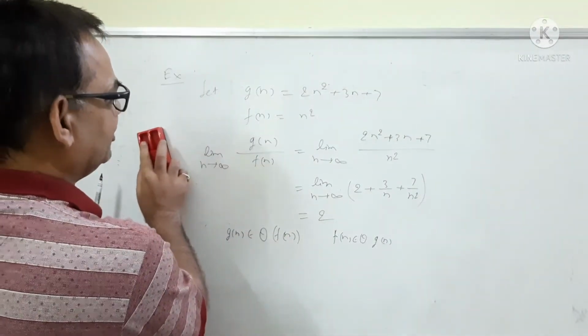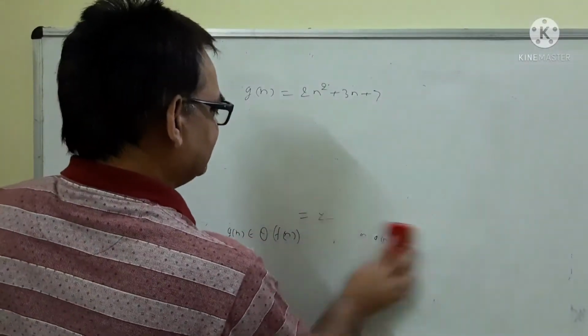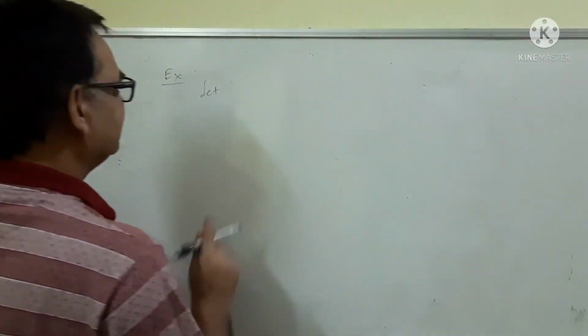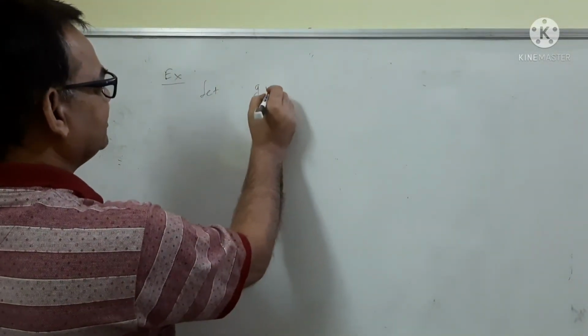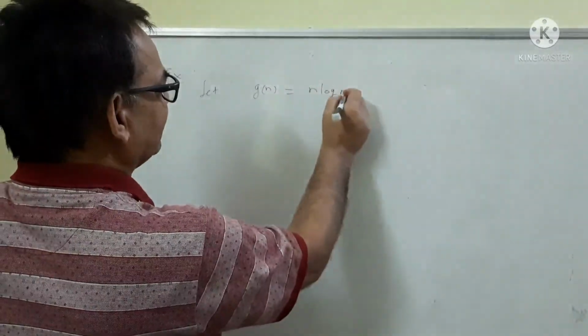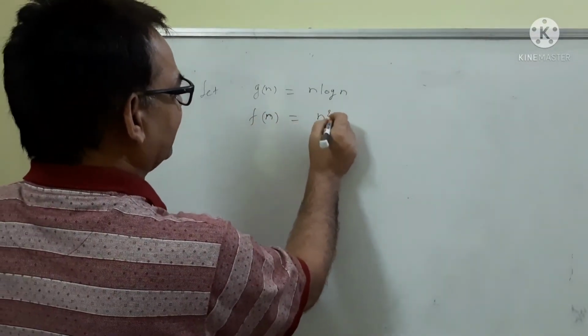Let us take another example. Let g(n) is equal to n log n, f(n) is equal to n square.